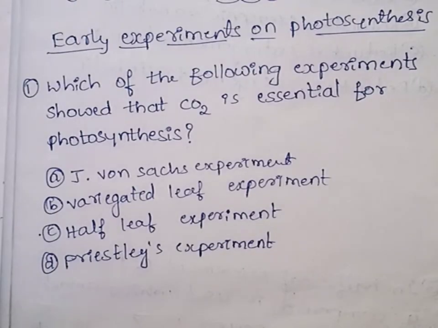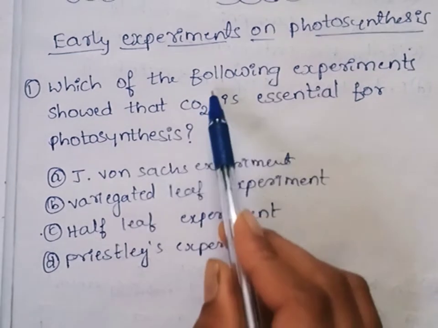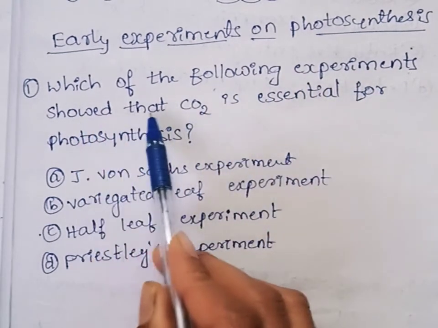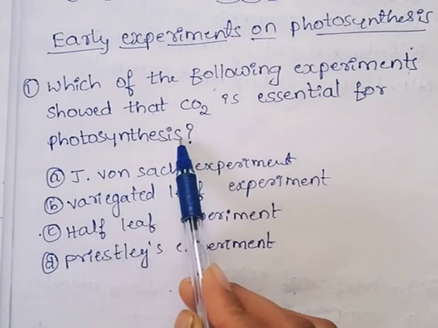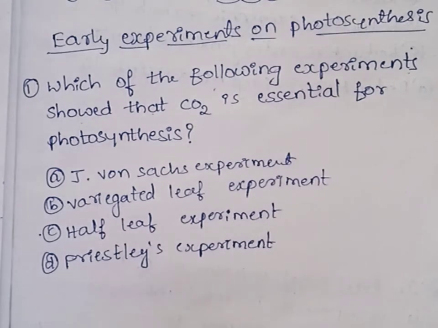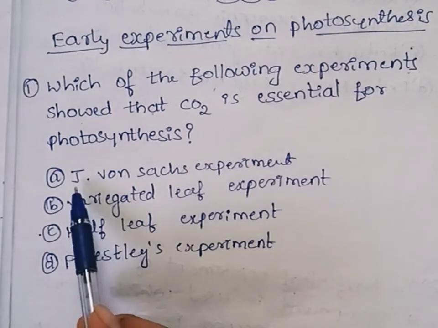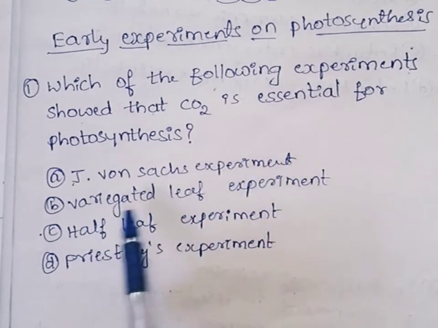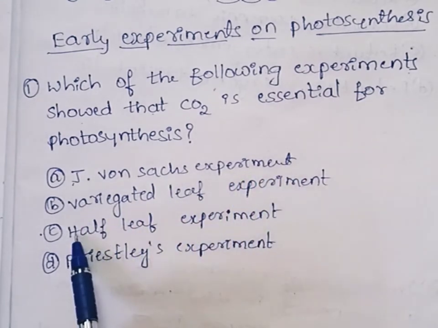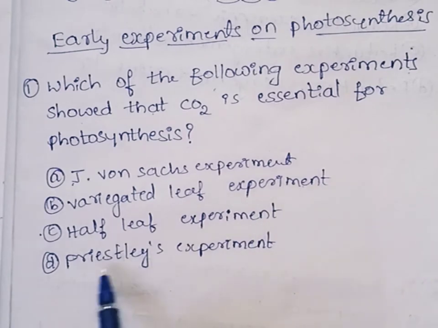In this part, the first question is, which of the following experiments showed that CO2 is essential for photosynthesis process? The options are: J. Van Sachs experiment, variegated leaf experiment, half leaf experiment, Priestley's experiment.